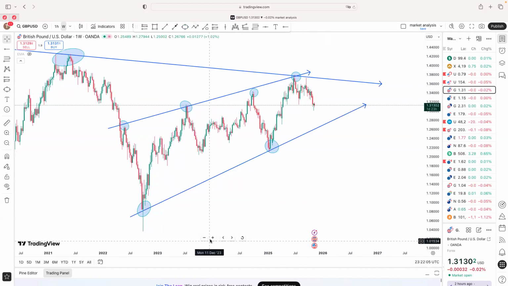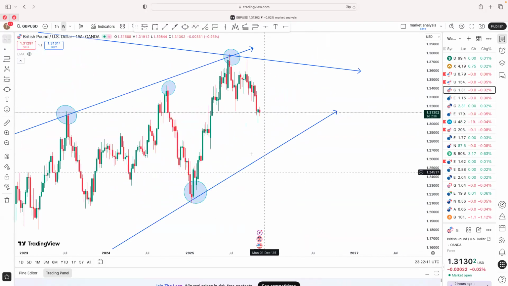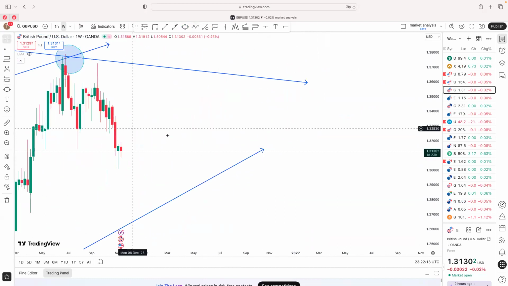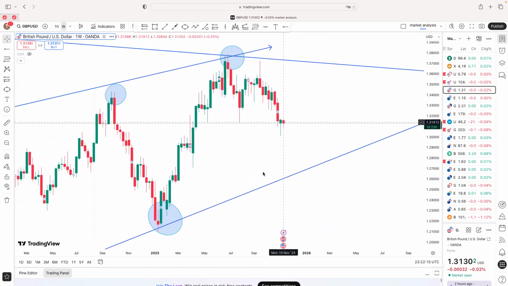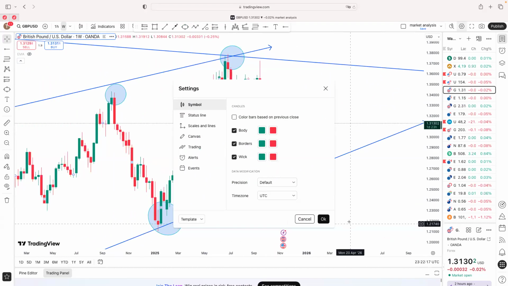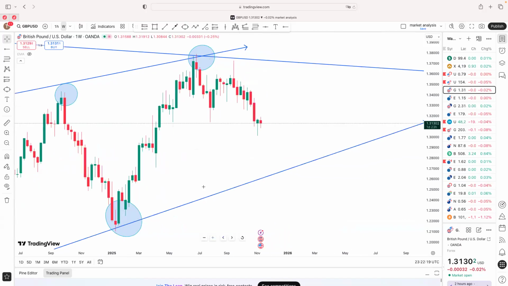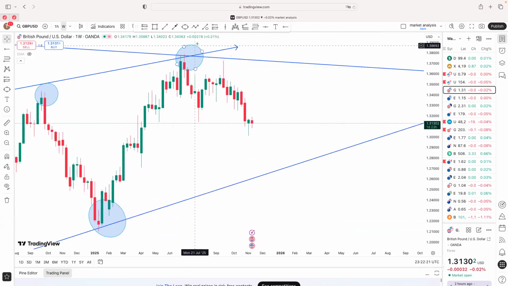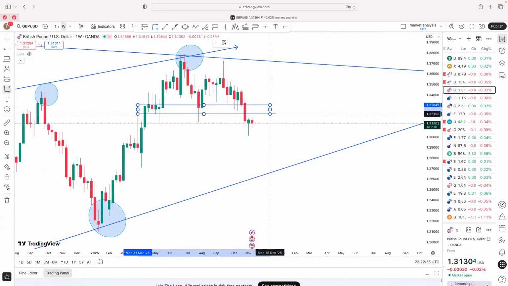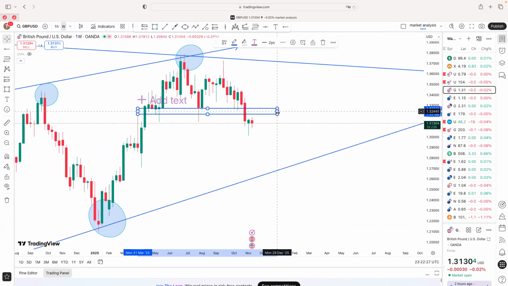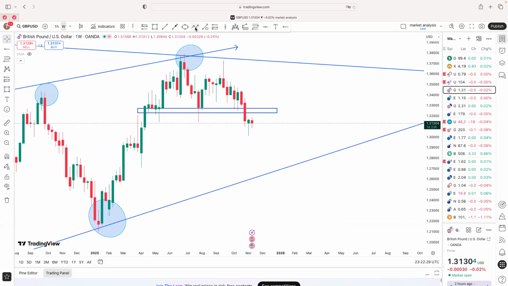Now, you remember that WM pattern that I was talking about at the top? It looks more clear this side if you know what an M pattern is. If you look at here, it looks more clear this side. This is the area of interest, which is the neckline, right?